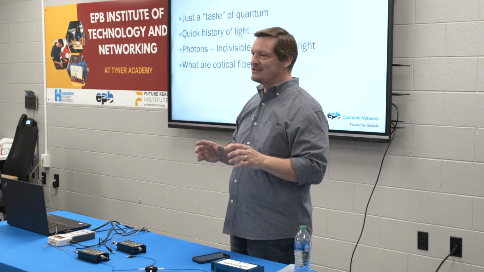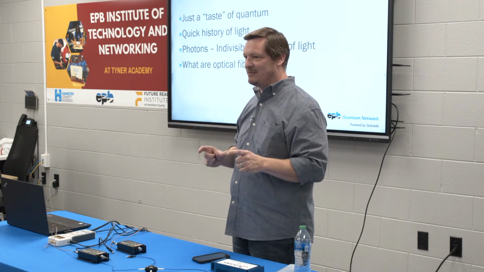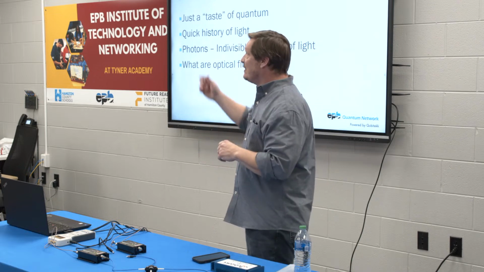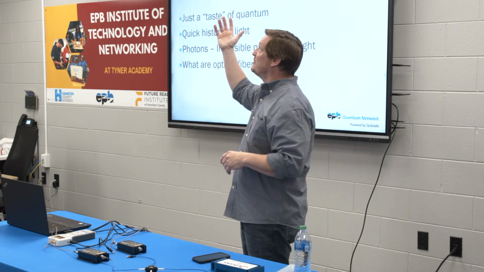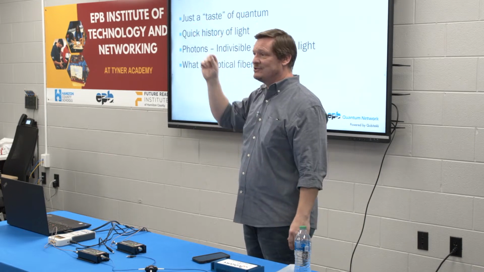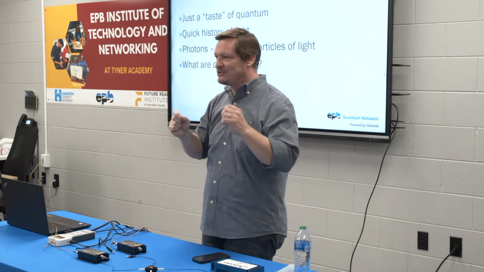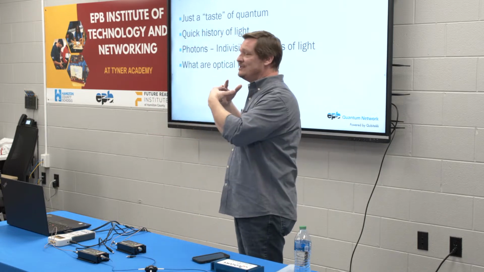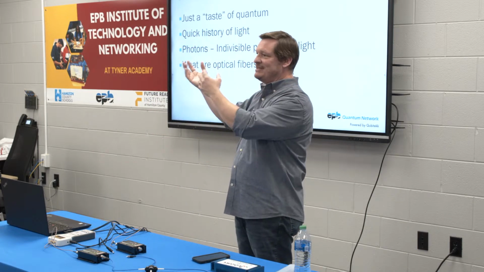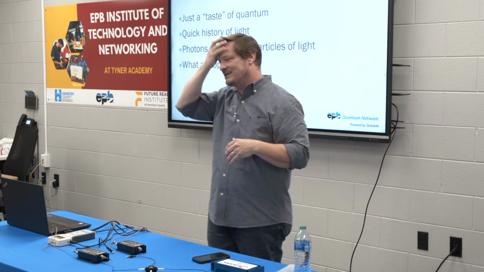But for the discussion today, I'm going to treat it as a particle, which means this light bulb above me is putting out billions and billions of photons. You can think of them as like little BBs, little particles of light that are bouncing around. When you go outside and the sun hits you in the face, it's like those little tiny BBs hitting you all at one time.